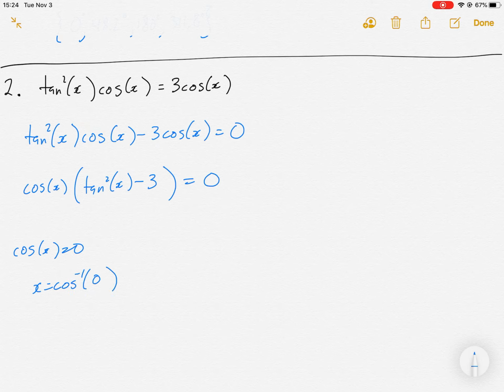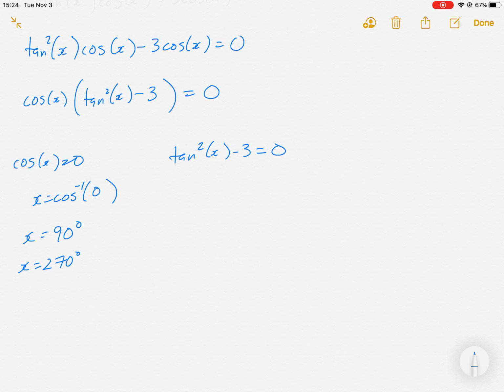Cosine inverse of 0. X is going to give me 90 degrees or 270 degrees from the unit circle. Now over here, tangent squared of x minus 3, this is what we saw in a previous video. This is also going to give me 4 solutions, so we're going to have a lot of answers here.